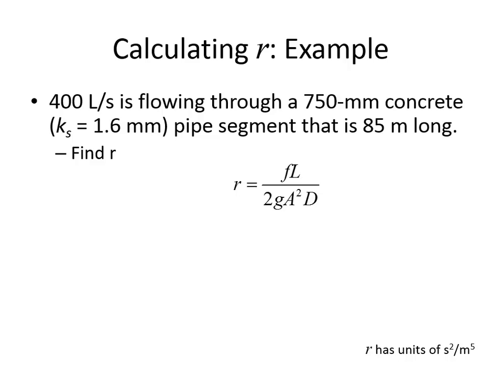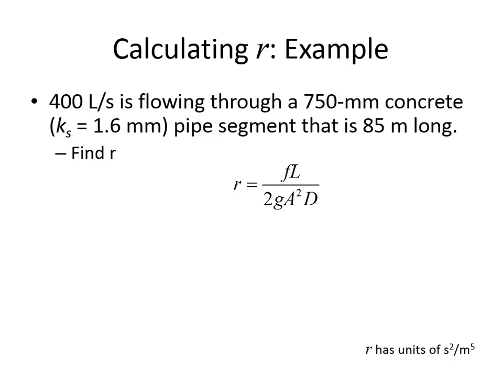And the R that we end up with is going to be 0.024 times 85 meters divided by 2g and the area 0.4418 meters squared, and the diameter of the pipe 0.75 meters.